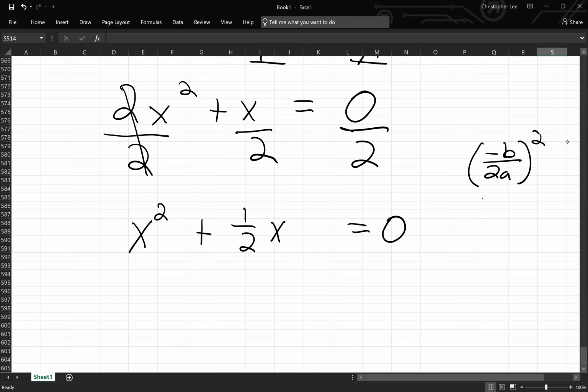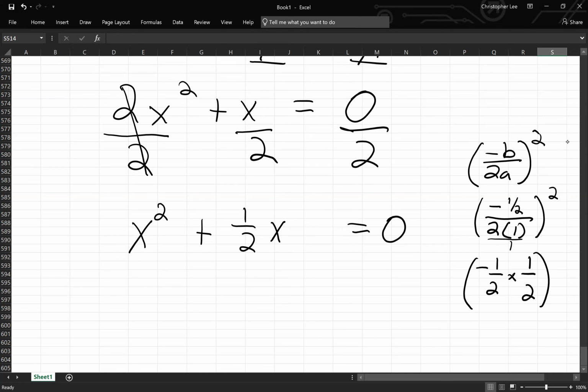All right, help me out. What is this? I have negative 1 over 2 times 2 times 1 squared. This becomes what? Negative 1 over 2 times, what's this? 1 over 2? Remember, that's like over 1 squared. Anyway, we could do this.